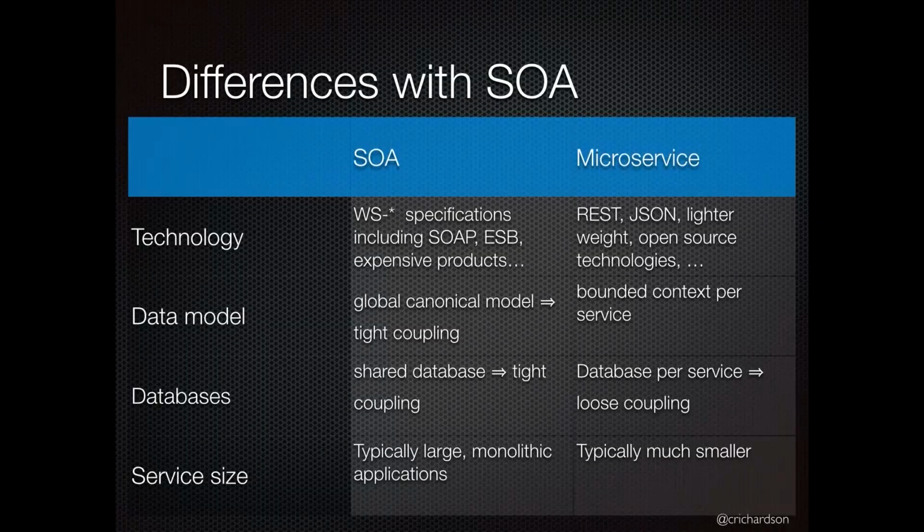If you think about the technology that SOA-based applications tend to use, it's usually things like SOAP and other WS-star specifications. There are also technologies like enterprise service buses. And in general, there are these commercial vendor-based products that people build upon. Whereas the technology stack for microservices tends to be lighter weight: REST, JSON, various open source technologies.